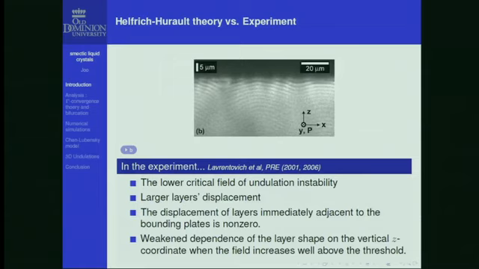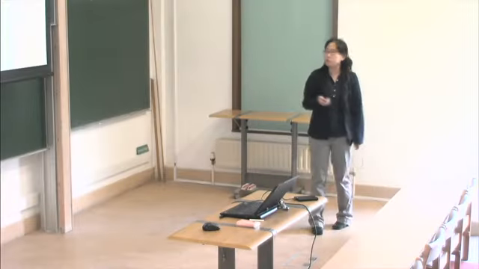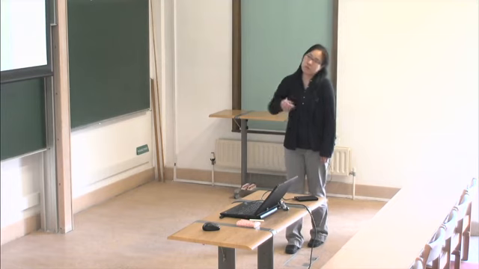The displacement of layers immediately adjacent to the boundaries is not zero, and there is a weaker dependence on the vertical profile. It is almost the same amplitude all the way from top to bottom. These are the differences between the experiment and the classical theory.